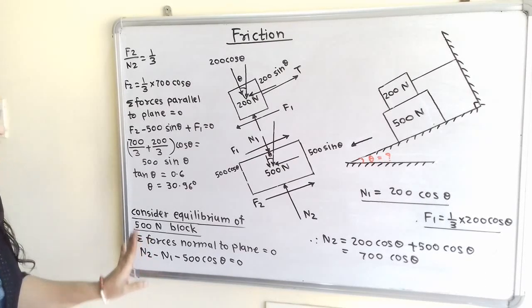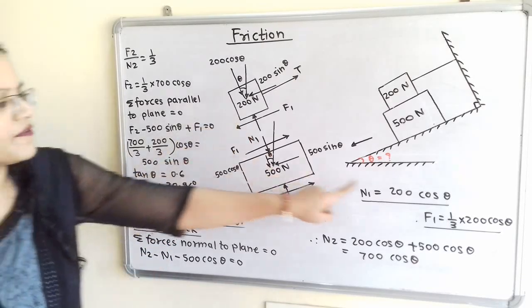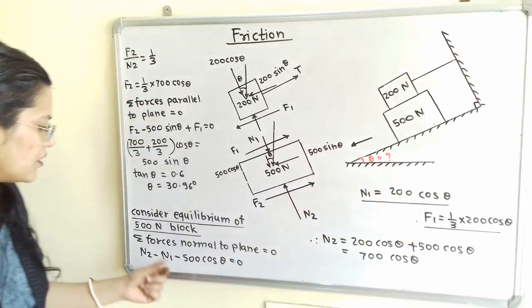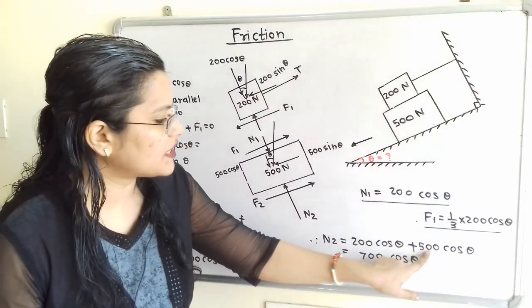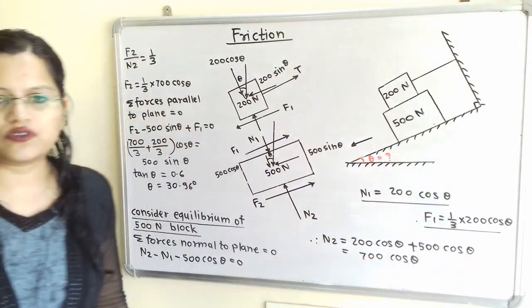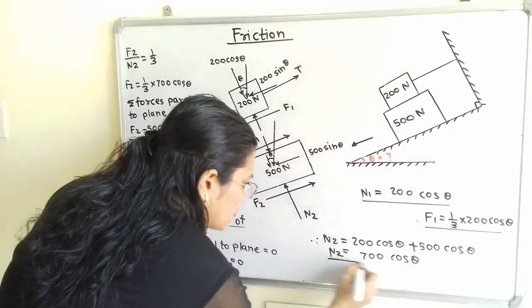Therefore N2 is equal to, now the value of N1. N1 is calculated from the previous 200 Newton block, 200 cos theta. If we put the value, then N2 is equal to 200 cos theta plus 500 cos theta, which is equal to 700 cos theta. We will underline this because we have to use this value later.